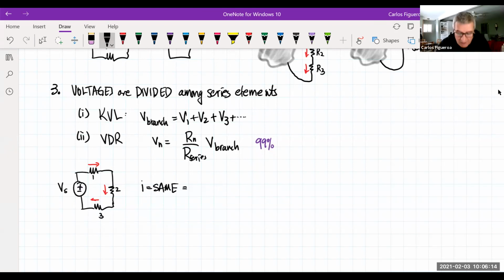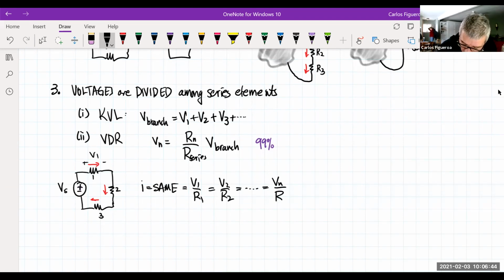But if it's the same, I'm now going to use Ohm's law to write down the voltages. So the current through 1 is V1 over R1. If I look at 2, it's V2 over R2. And you can see that I could just keep going. Depending on the number of elements I have in series, I can write this.